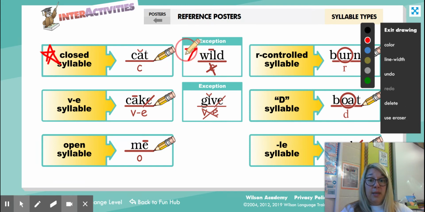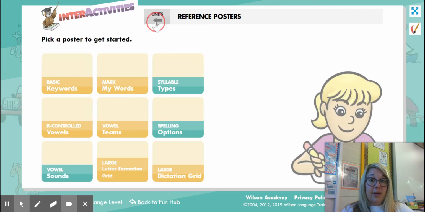Today, we are going to be looking at and remembering how to mark a closed exception, where we see that glued sound that has a long vowel sound. You mark that with a straight line across the top. And because it's a closed exception, we X out that C to remember that it is not a closed syllable. It does break that spelling rule. And instead of having a short vowel sound, it has a long vowel sound.